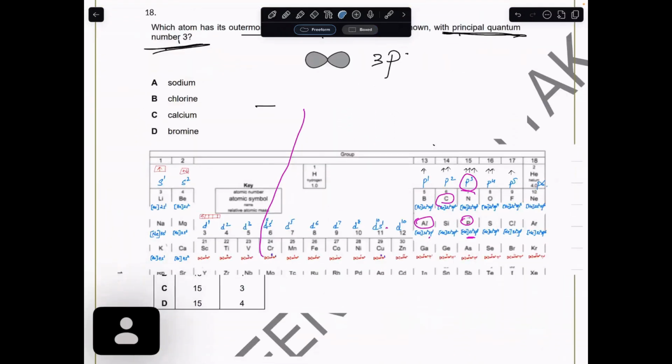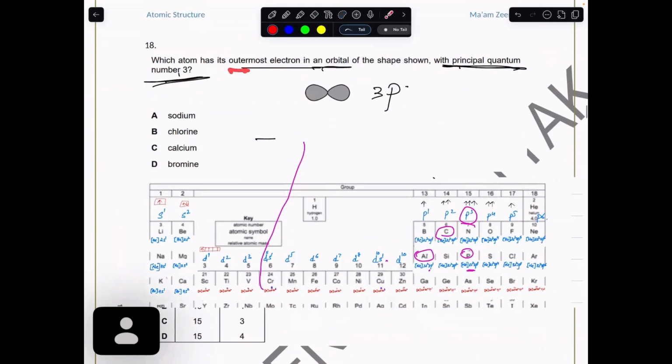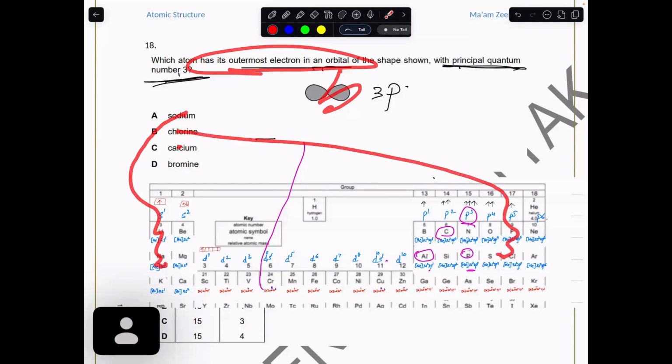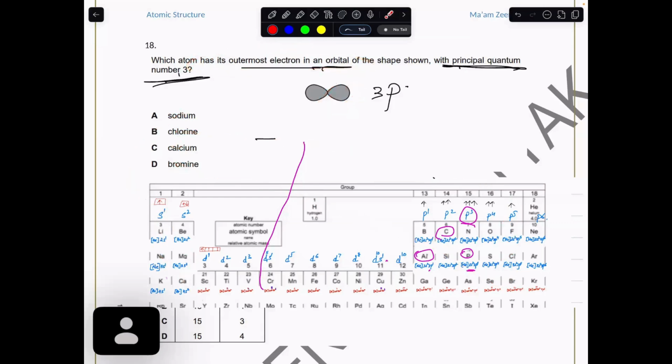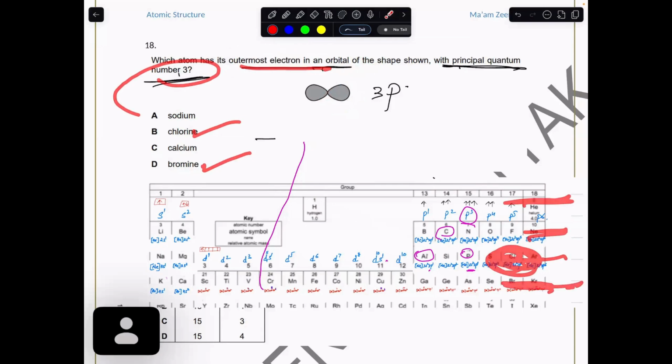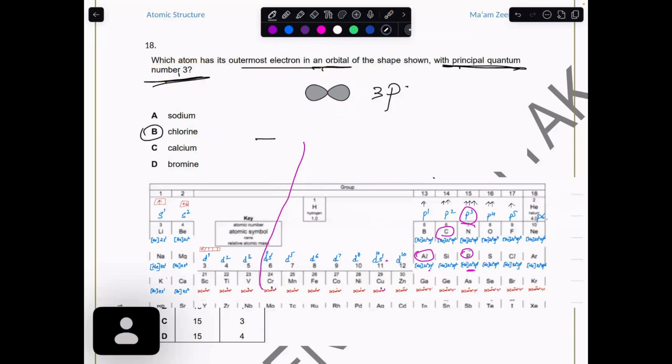Sodium, outermost in s. Chlorine, outermost in p. Bromine, outermost in p. Calcium, outermost in s. So it's either chlorine or bromine. Now the outermost in third: first period, second period, third period. So it's chlorine, third period, 3p. This is fourth period. So the answer is B.